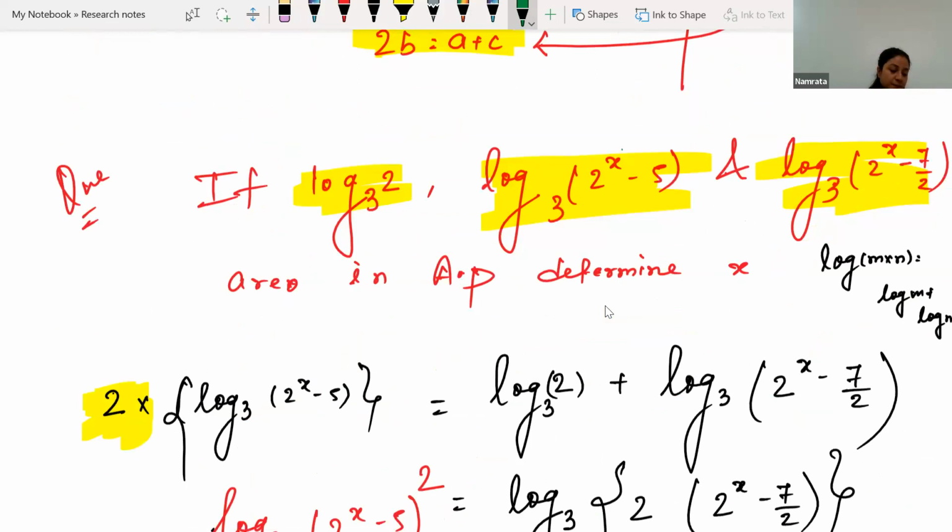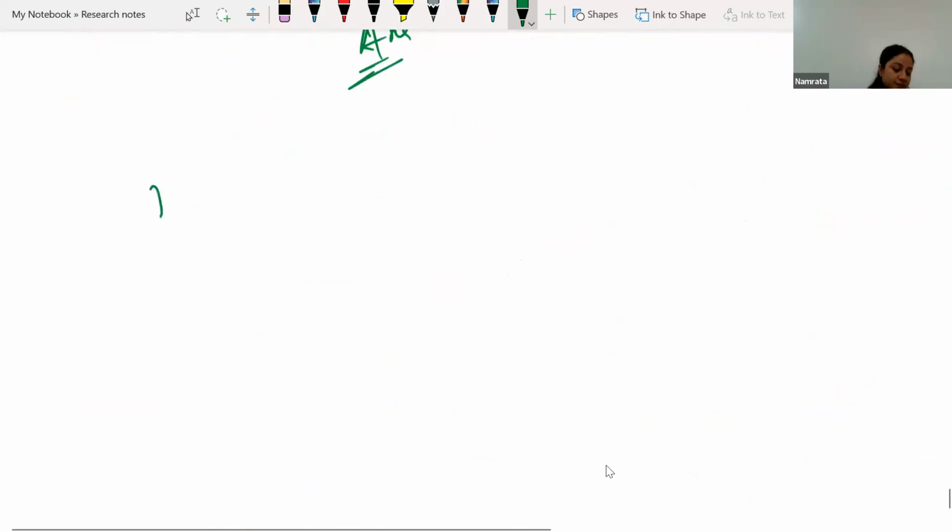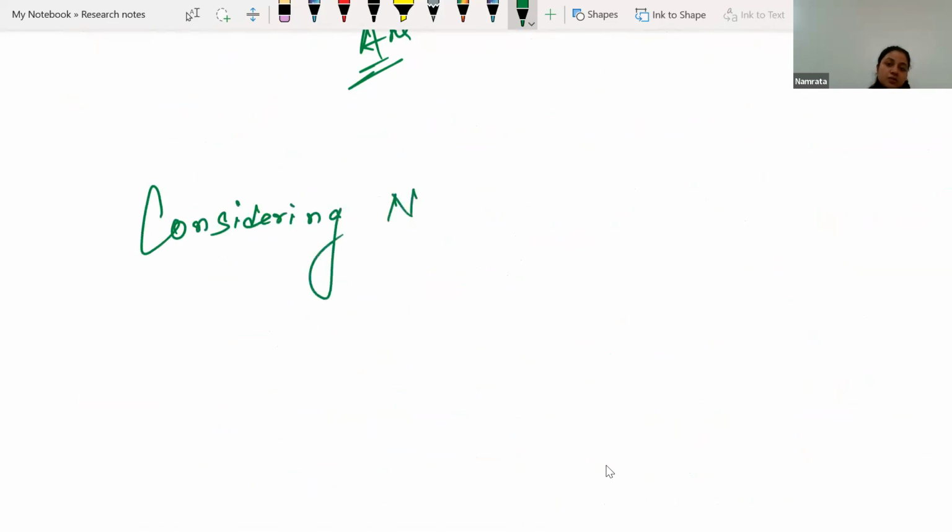Okay, let's do a few more properties quickly. Considering numbers in AP, whenever we have to consider three numbers in AP, let's say A, B, C are in AP.